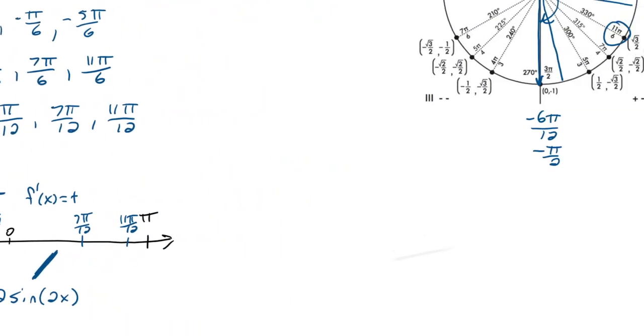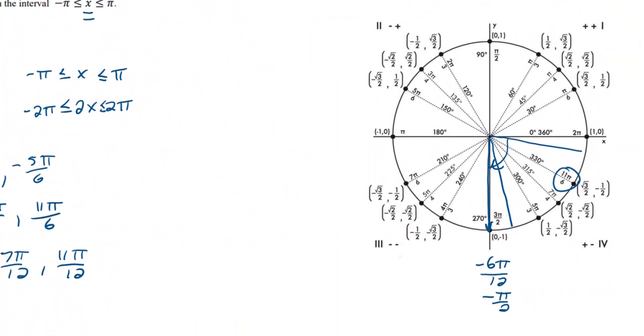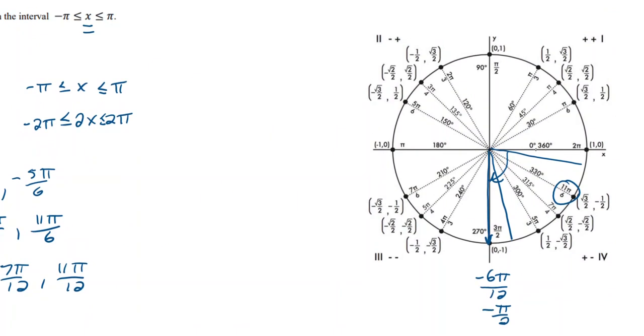Then the last one: 7 pi over 12 would be just past, because 6 pi over 12 is just pi over 2, and then 11 pi over 12 is over here. So we're good to test any one of these. Let's try 3 pi over 4.